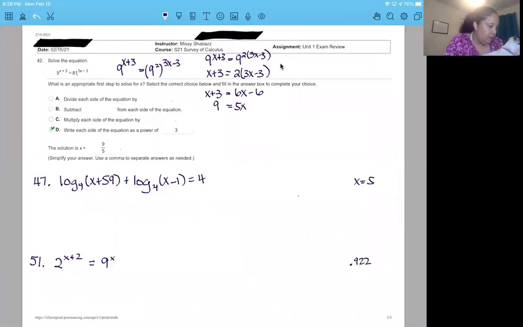I get 5x equals 9. And then I get x equals 9/5. All right, write each side of the equation as a power of 3. I wrote it as a power of 9, so I would accept that as well. And then the answer is 9/5.